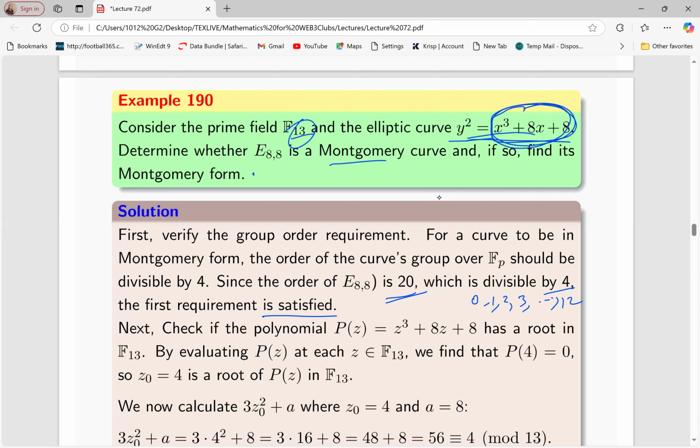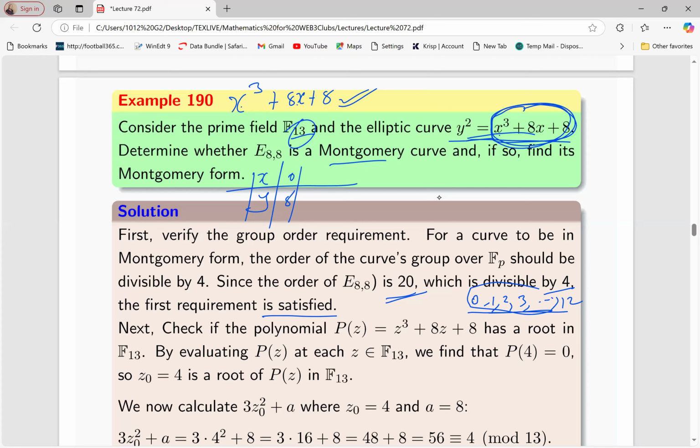So we have x, we have y. You try 0. What we are trying is this, x cubed plus 8x plus 8. Want to see which of these, if substituted here, would give us a 0. And that is what we then call a root. When you try 0, 0 here, 0 here, you have an 8. So 0 is not a root.